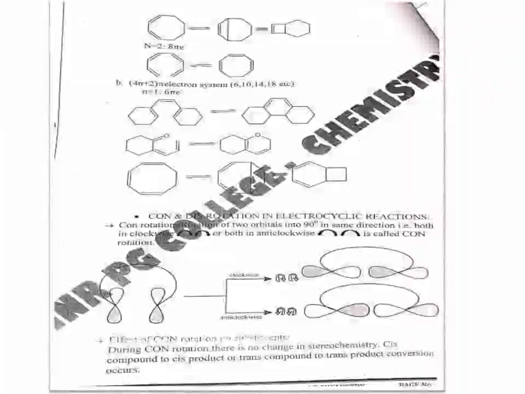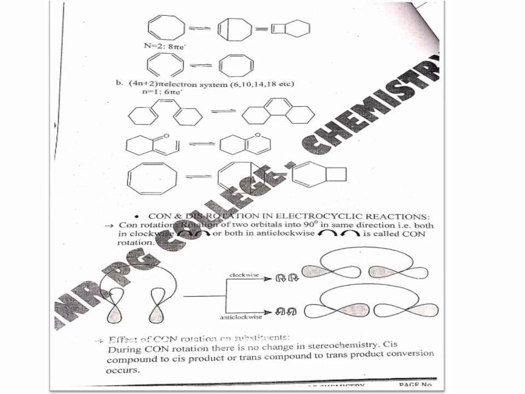Now let us discuss how to count the number of electrons in electrocyclic reactions. We have to identify whether the reaction belongs to a 4n pi system or a 4n plus 2 pi system. For that, we have to consider the species where we do not have the newly formed or newly broken sigma bond.